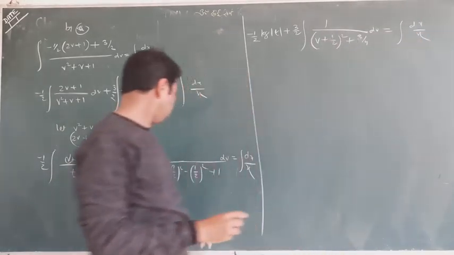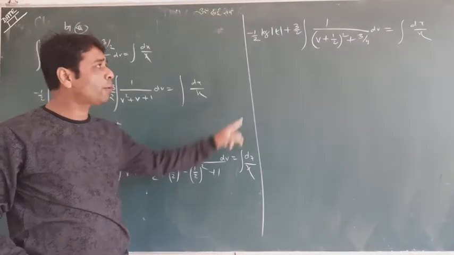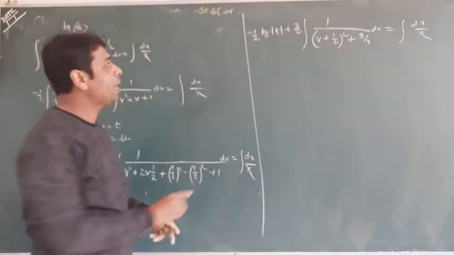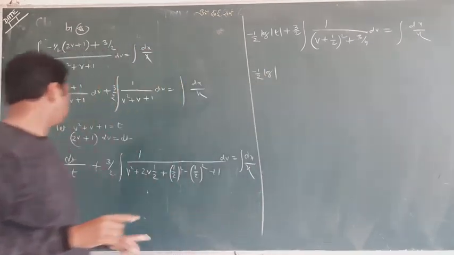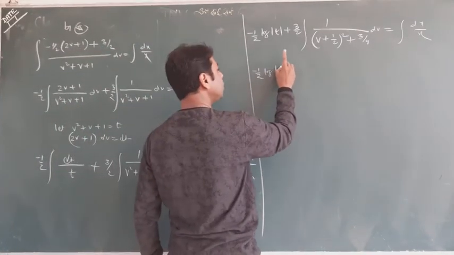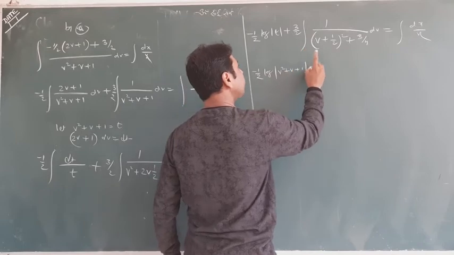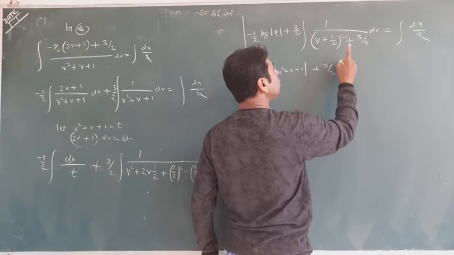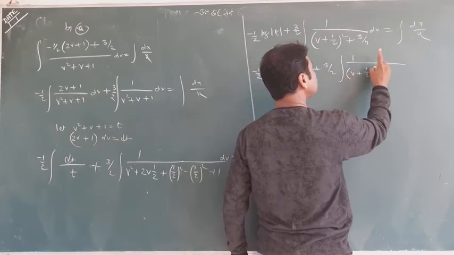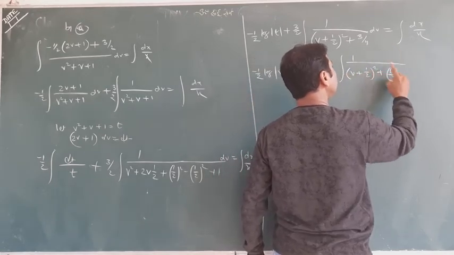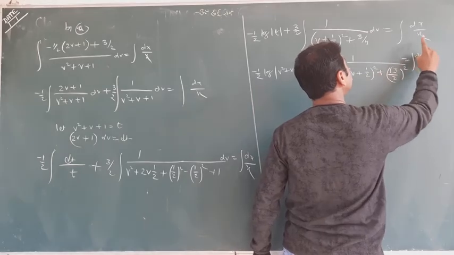You know, minus 1 by 4 plus 1 is 3 by 4. Now positive 3 by 4, and after that minus 1 by 2 log t. So t was v square plus v plus 1, plus 3 by 2, and this is the term which I want to write: v plus 1 by 2 whole square plus root 3 by 2 whole square equal to dx by x.